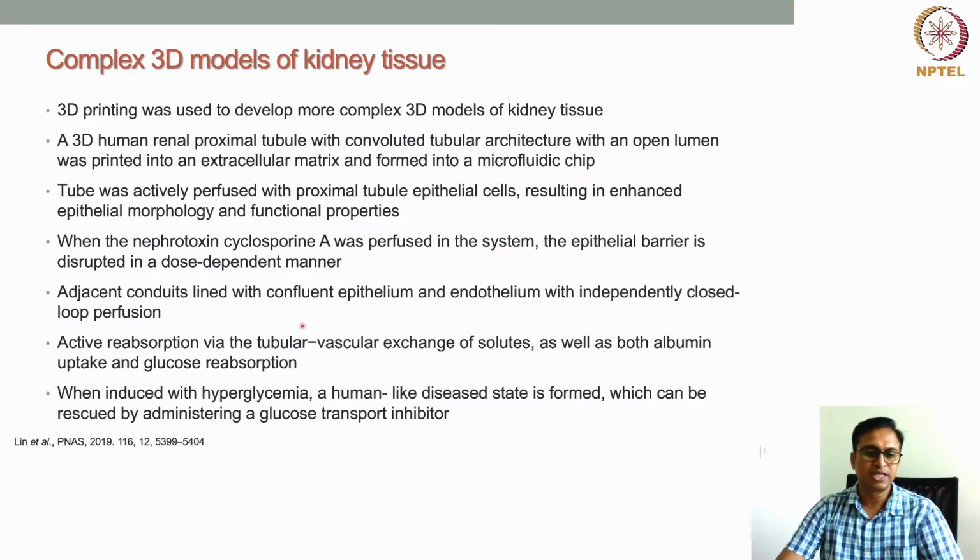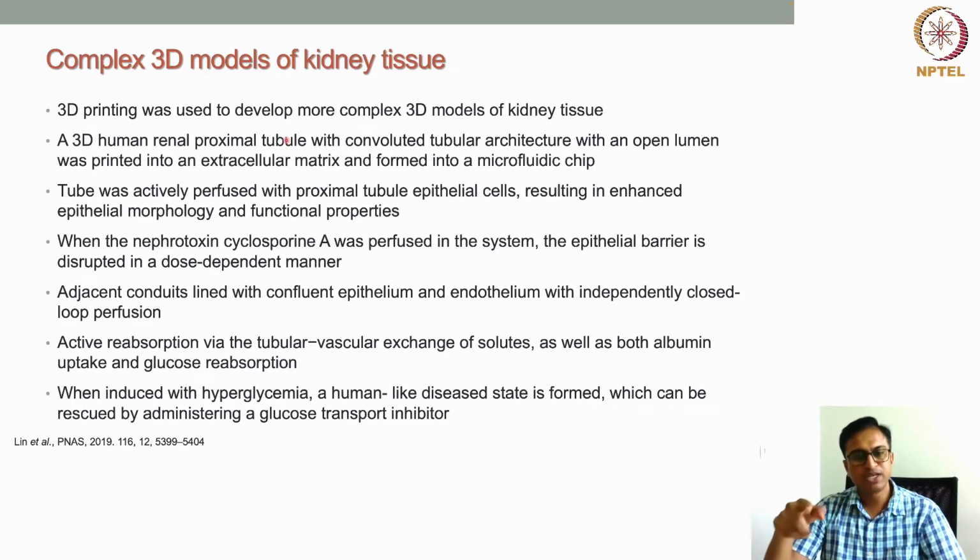outcome from this study. The other thing they have done is print another tubule structure where endothelium cells are present. Basically they want to create the tubular vascular structure that is present in the renal proximal tubule, where two adjacent tubes were printed.